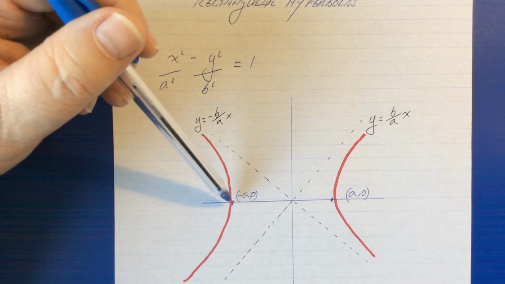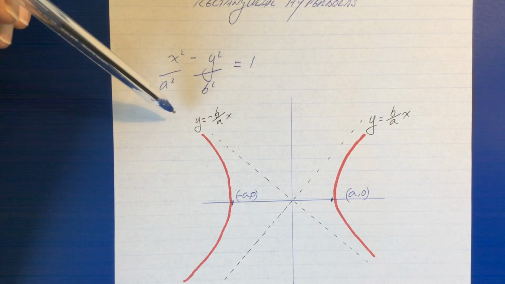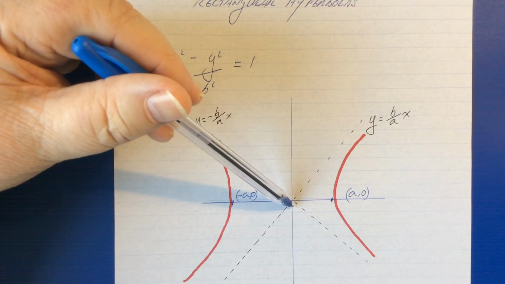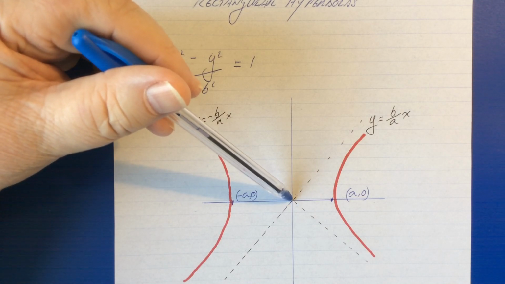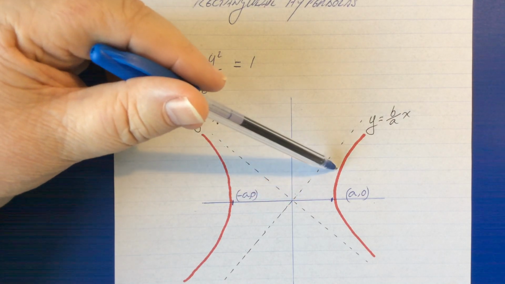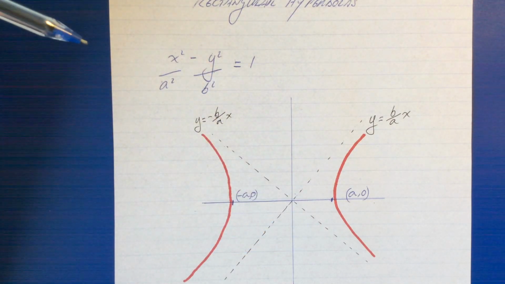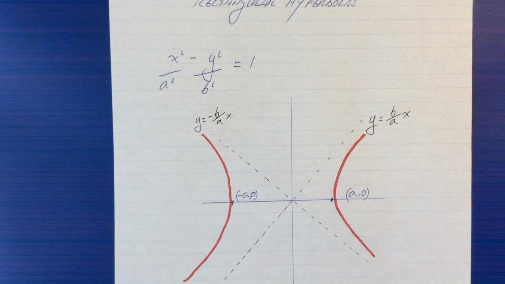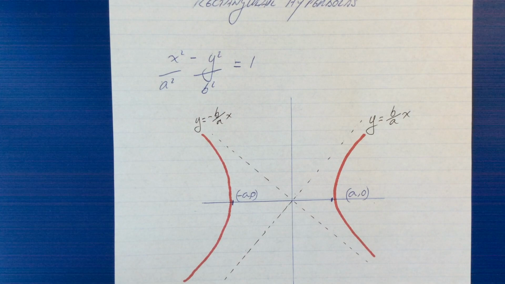And yes, these things can move about. This is a very basic hyperbola here. You can move the center, or the intersection of the asymptotes, up, across, back, down, just as you can with any other graph. And we'll look at how that is worked out in a later video.